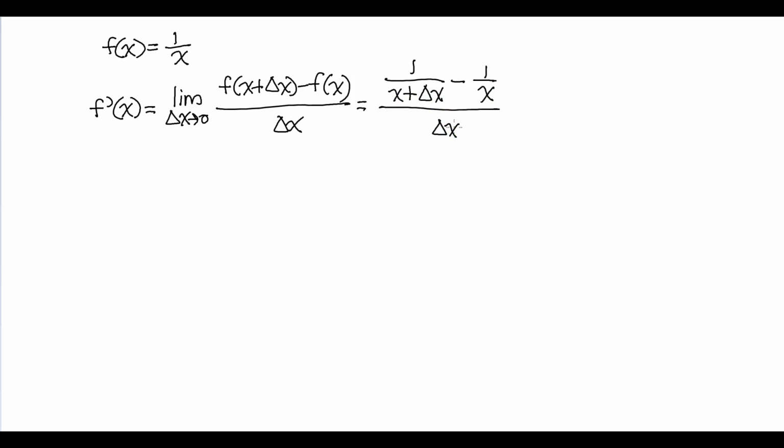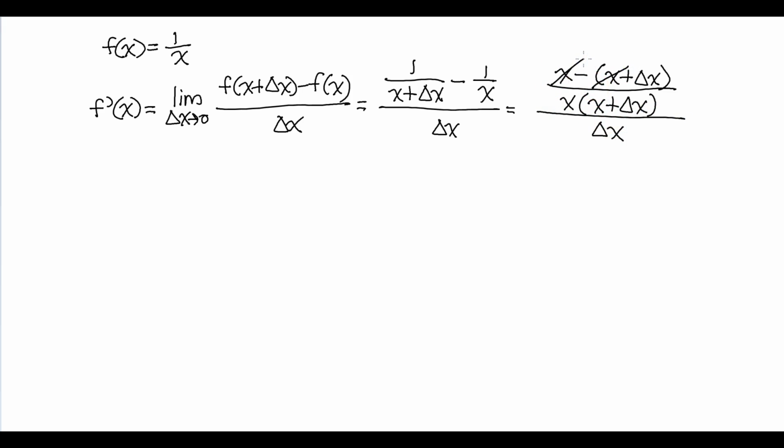So let's combine these two fractions in the top. So we have x minus x plus delta x. If you were to use a like denominator, we have x times x plus delta x, all of that over delta x.